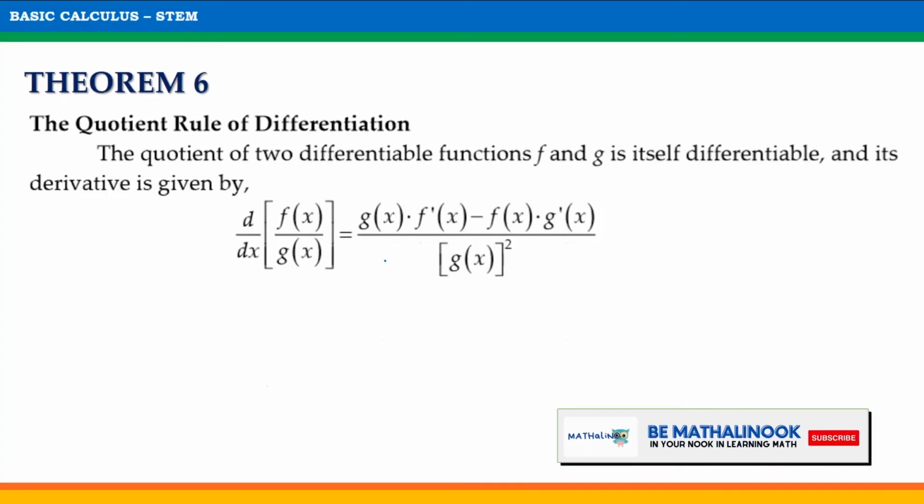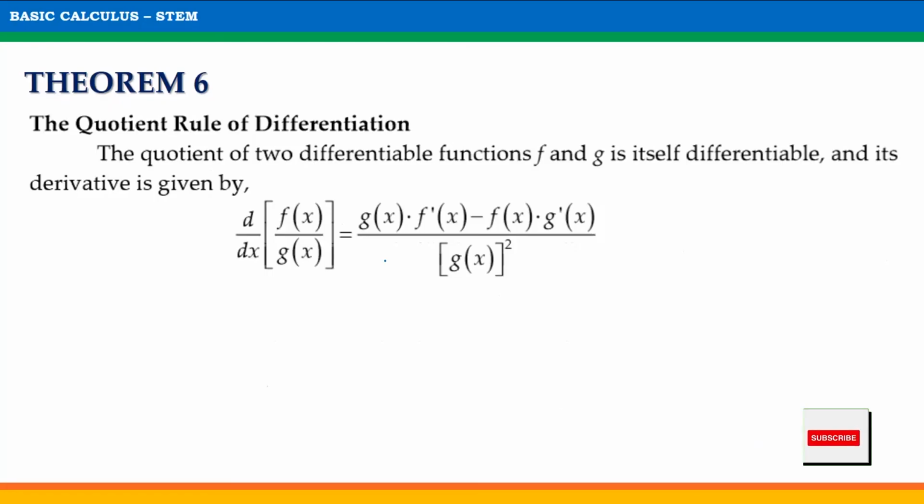The quotient rule of differentiation. The quotient of two differentiable functions f and g is itself differentiable, and its derivative is given by d/dx of f(x) over g(x) is equal to the product of g(x) and f'(x) minus the product of f(x) and g'(x), over the square of g(x).